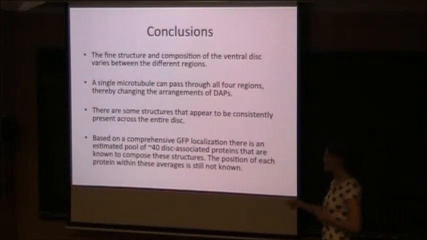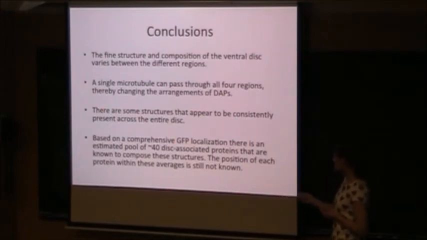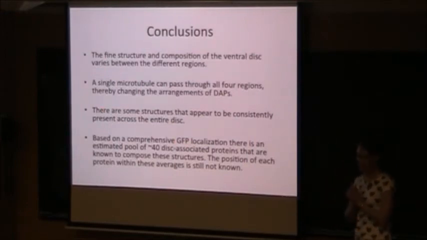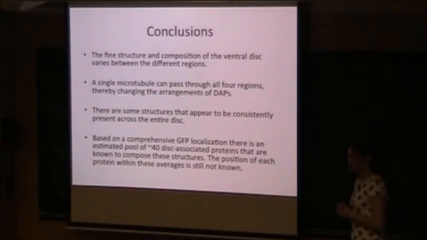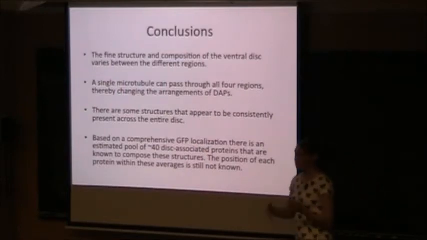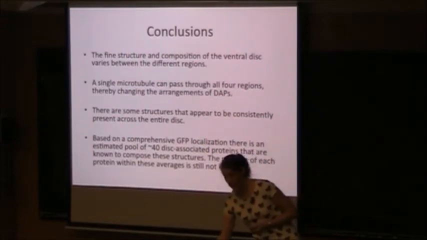We don't know how, but it's a pretty interesting question that no one knew existed before. Some of these structures appear to be consistent. I mentioned MIP5 during this talk, so if that turns out to be a consistent protein across the disc, we might infer that it's important somehow, and then therefore would be a nice target for new drugs that target Giardia specifically.